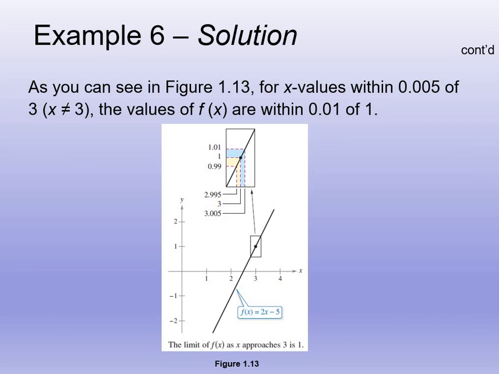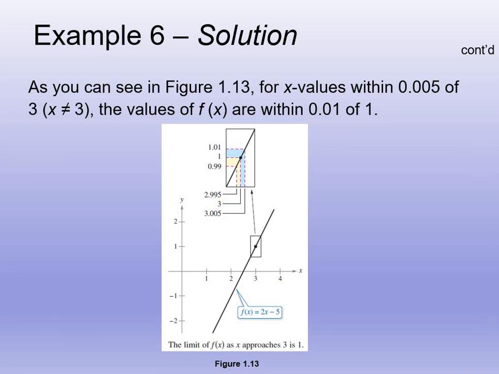So remember, our epsilon was 0.01. What did that really mean? Well, our y value was 1. Our limit was 1. So we wanted to evaluate what happened when y was 1.01. Why 1.01?